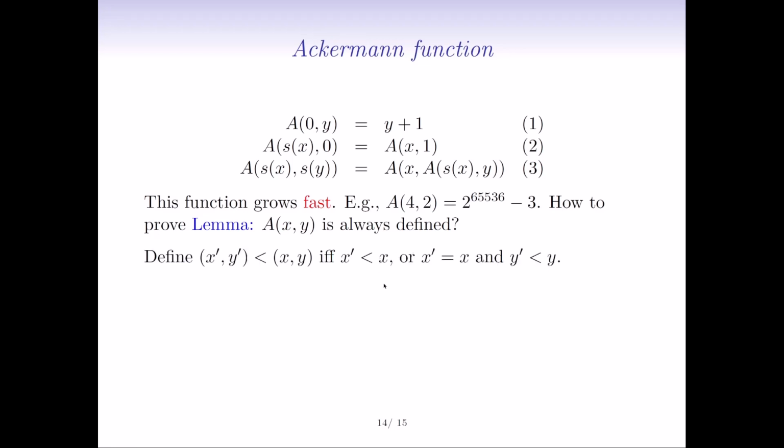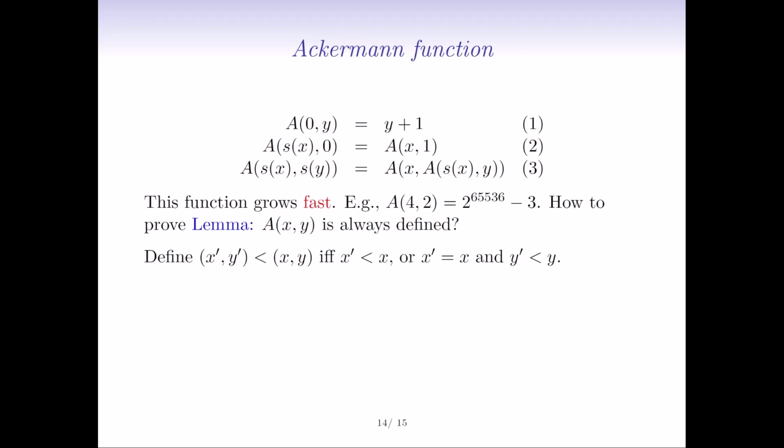So for this, we're going to use something called lexicographic induction, but it's basically complete induction, but rather than using the ordering on just plain natural numbers, we're going to define an equally good ordering on pairs of numbers. It's sometimes called lexicographic because it's like a dictionary.